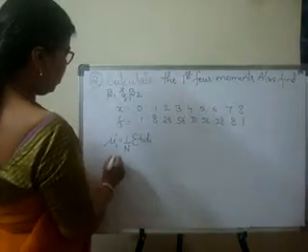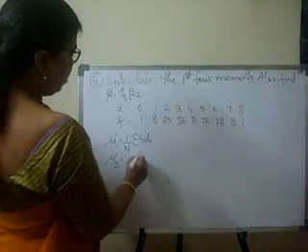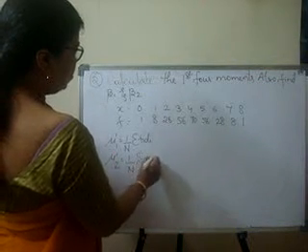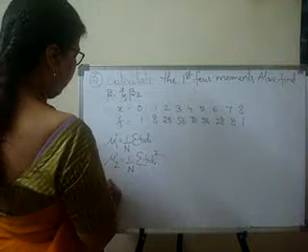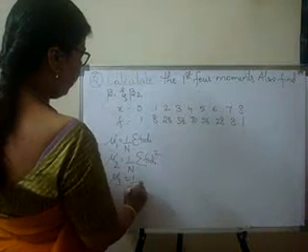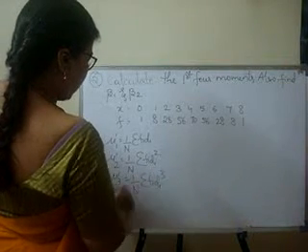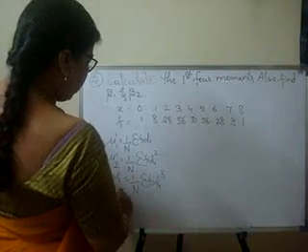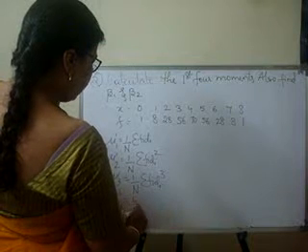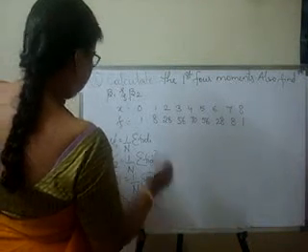and then mu2 dash, 1 by n summation fi di square, mu3 dash, 1 by n summation fi di cube, and mu4 dash would be 1 by n summation fi di power 4.